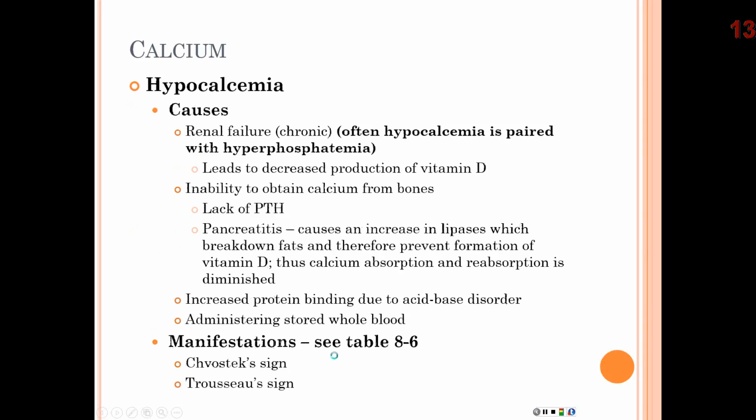But I have 2 specific signs. They're really more tests than they are specific manifestations. The manifestations are linked to muscle contractions and nerve stability. But these 2 signs are important. They are both shown with pictures in the book. So Chvostek's sign is a test that can be done, in which you tap the facial nerve.